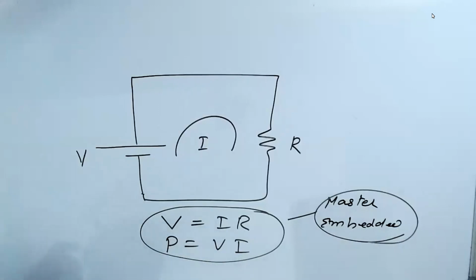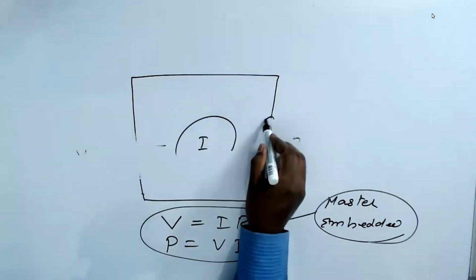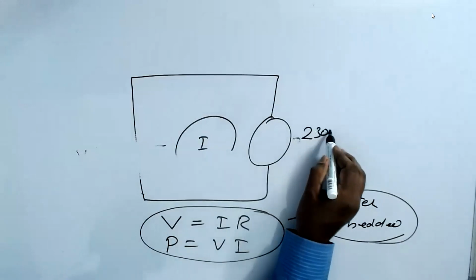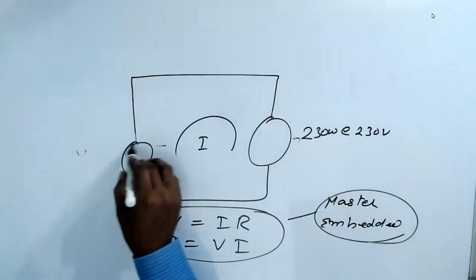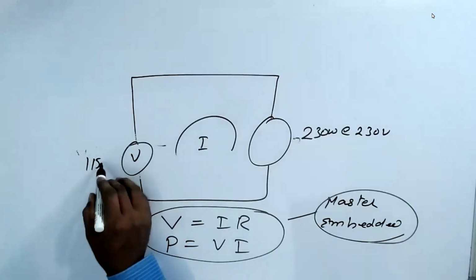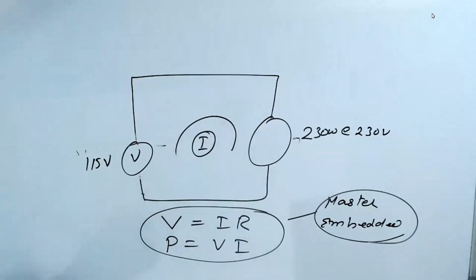That is what we discussed on that day, various mechanisms, such as a bulb of 230 watts at 230 volts, and I apply 115 volts. Then we discuss what the current is.